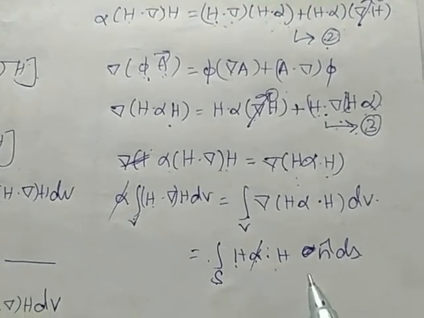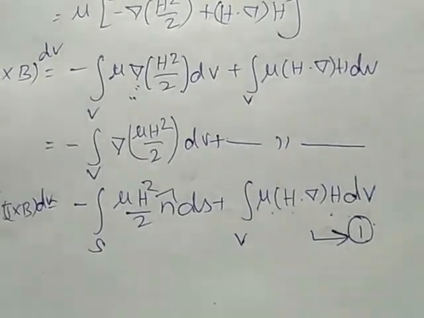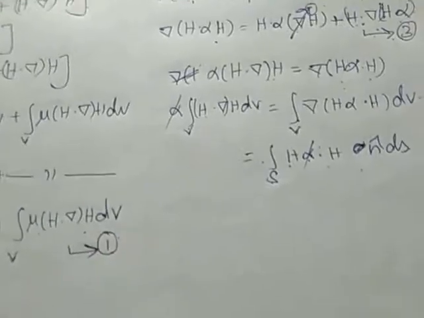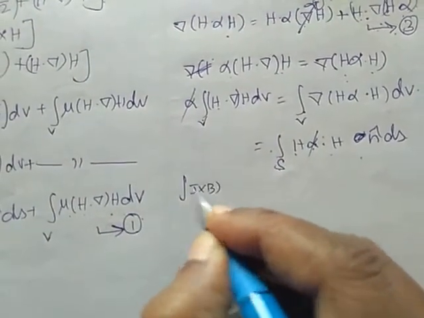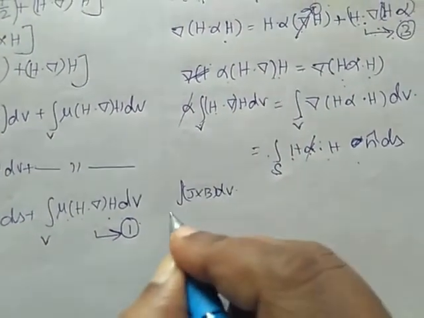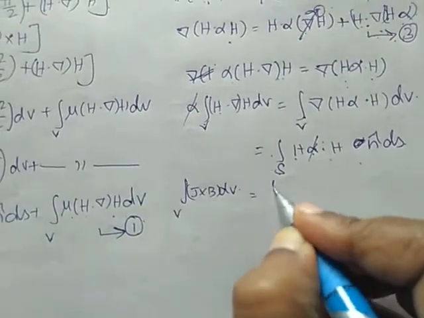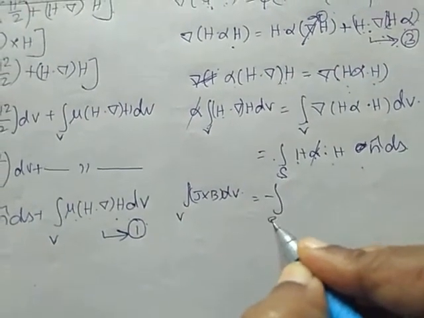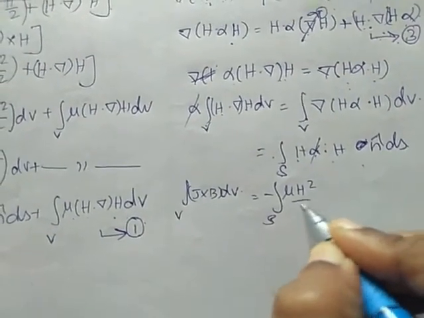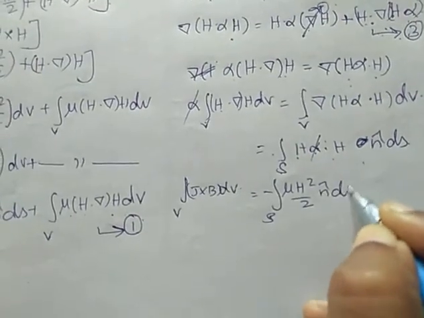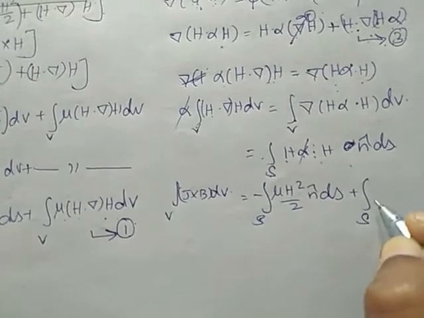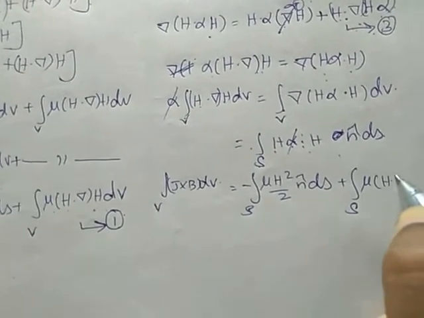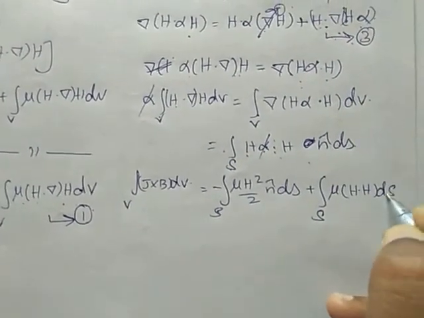Now I am going to substitute this value in our equation 1. So our equation 1, integral of J cross B dv, our LHS, is equal to minus of mu h square by 2 n cap ds, second term plus mu h dot h ds.